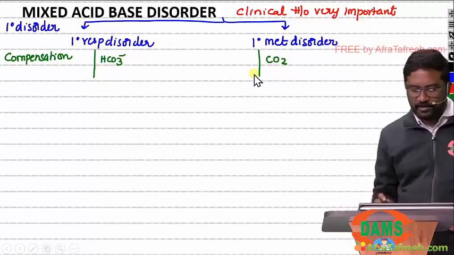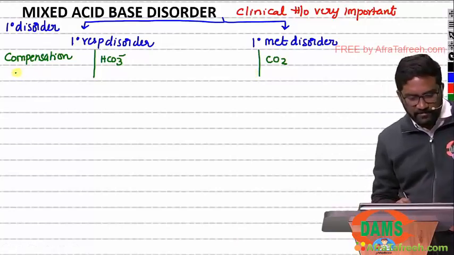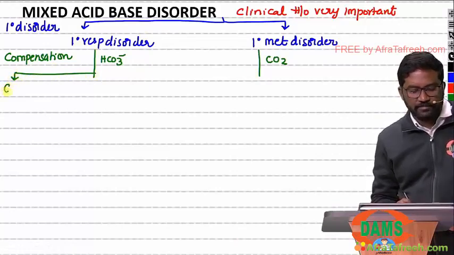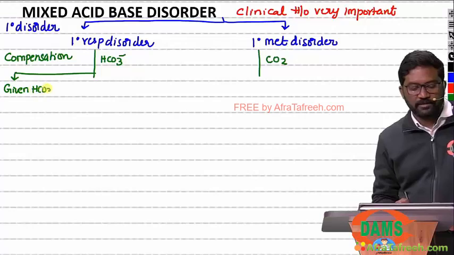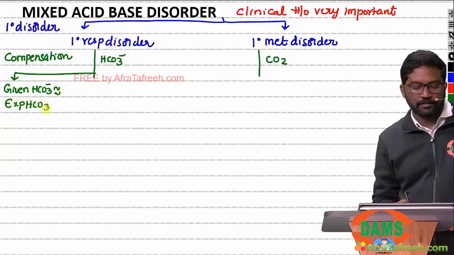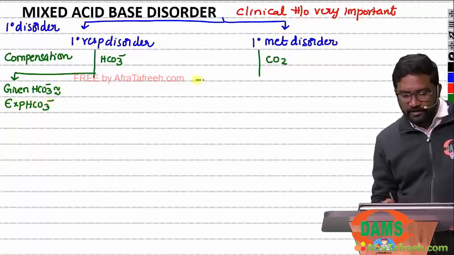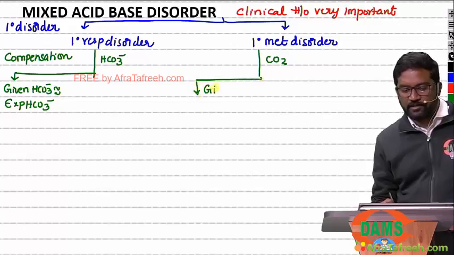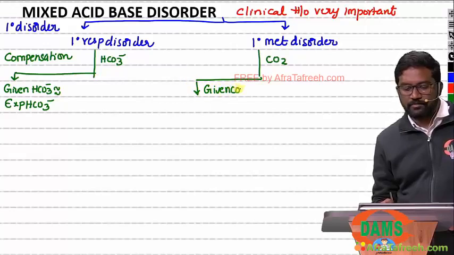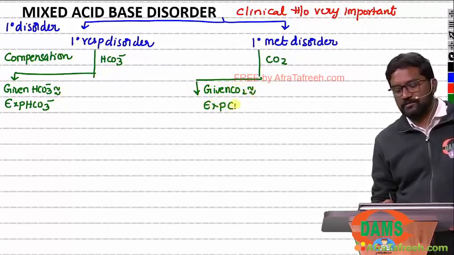In the majority, you will get a situation like this, students. Given bicarbonate in the question is correlating with expected bicarbonate. On this side also, you will get a situation like this: given CO2 is correlating with expected CO2.